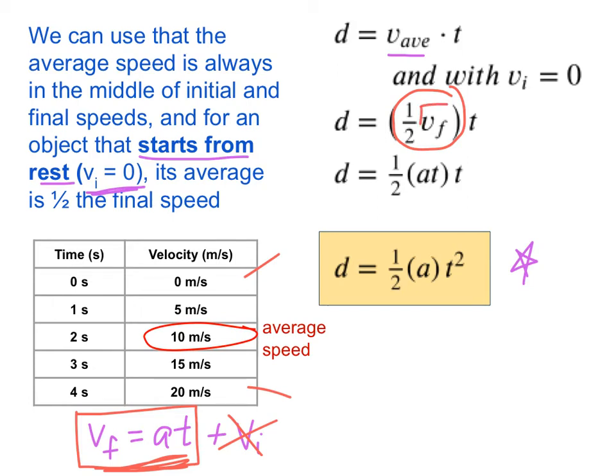And so we can replace this part of the equation with a times t. We can use a little algebra and remember that t times t is t squared. And that's where we get this final equation. Again, what's most important is that you understand that this formula in yellow will tell you how far the object traveled, not that you can explain where exactly the formula comes from.